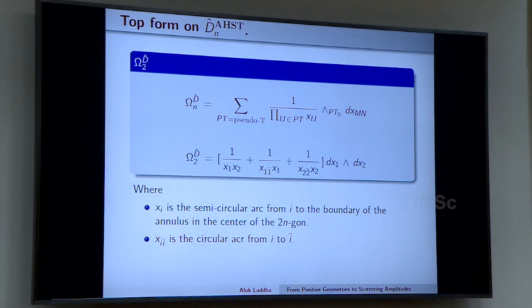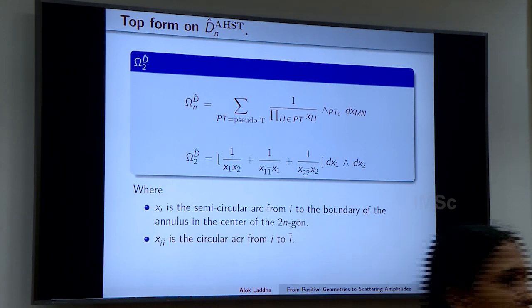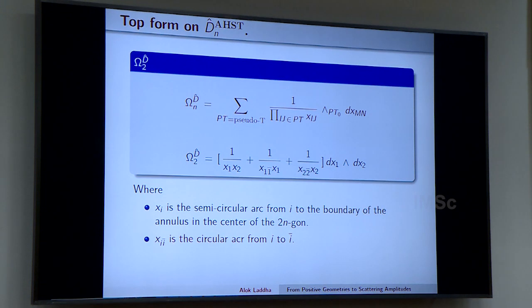And the scattering equations, which is what you get from the alpha prime to zero limit, is a diffeomorphism between them.